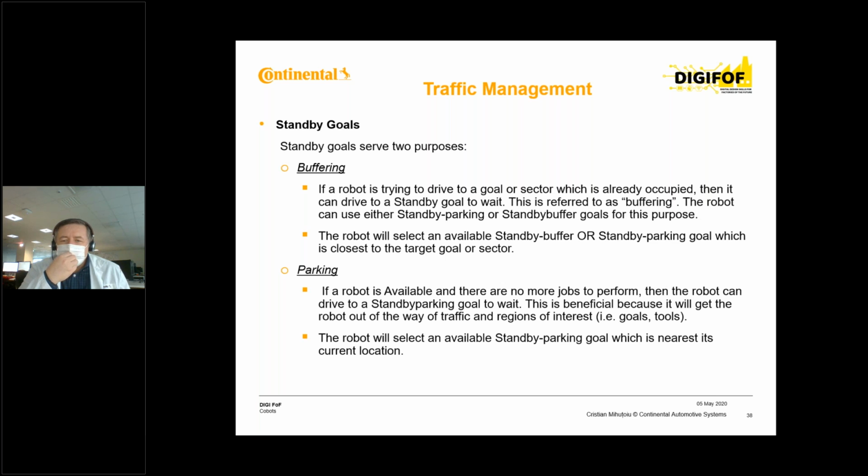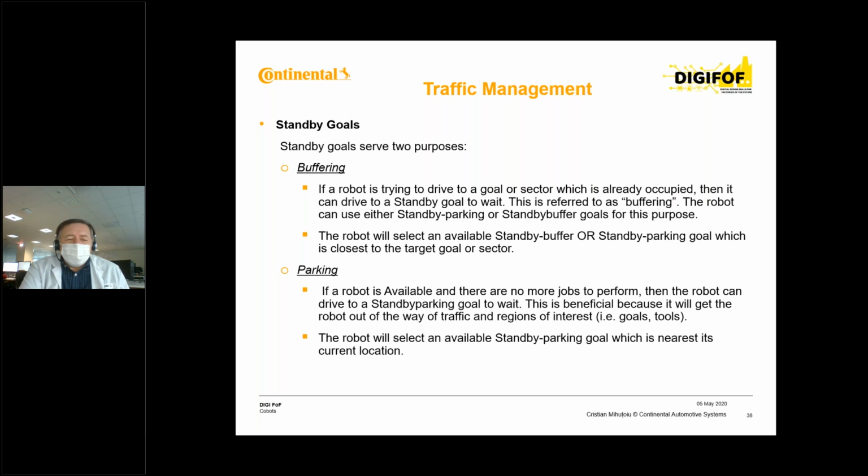So the fleet management always checks if the unload point is empty and available to receive the load. If the unloading point is busy, then the robot will not be able to deliver and will wait in the buffering area.